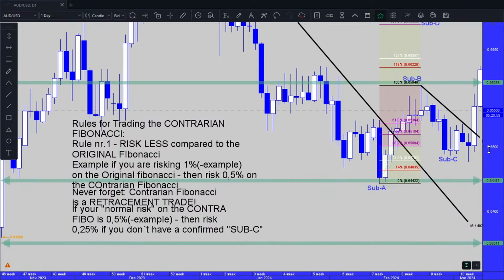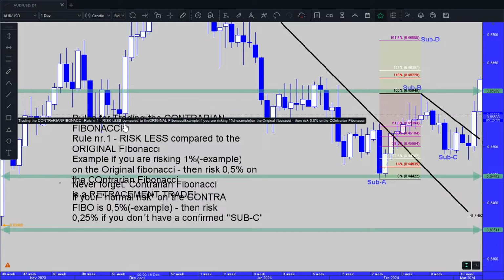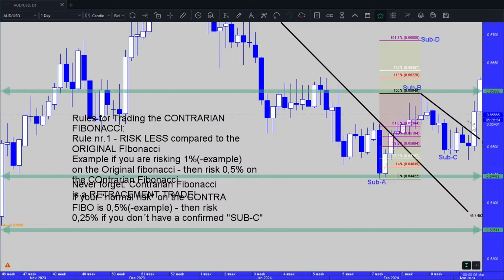Everybody, would this be a buy on the Contrarian Fibonacci? Remember, we're on the daily just because it's not moving quickly, so I can have time to explain to you. Okay, so this would be the entry.